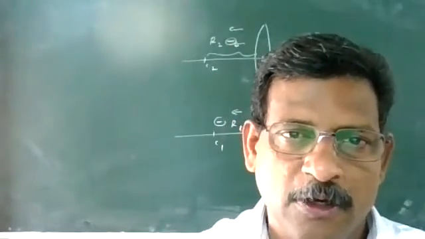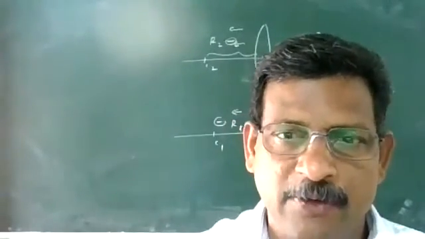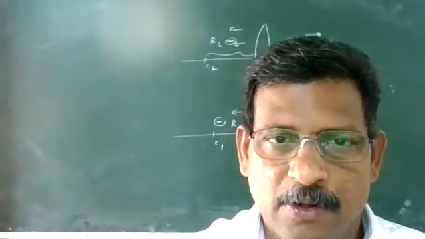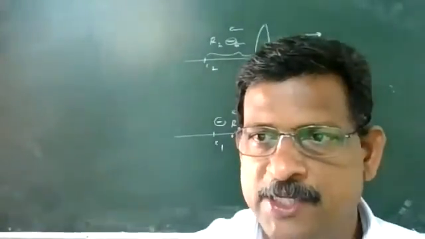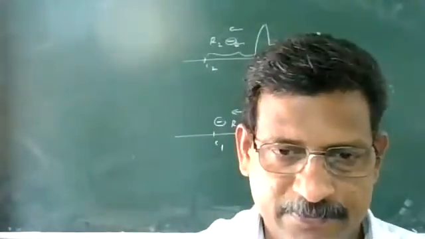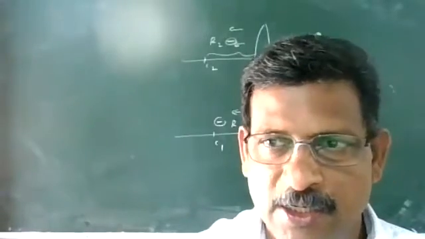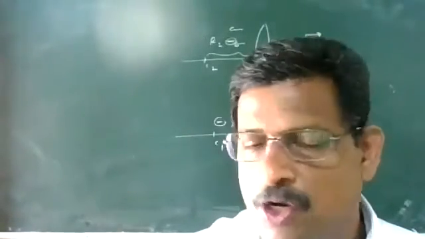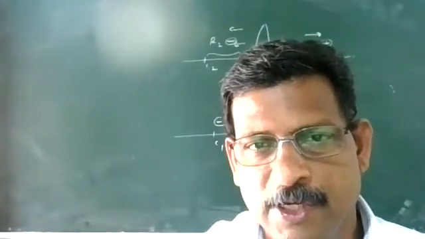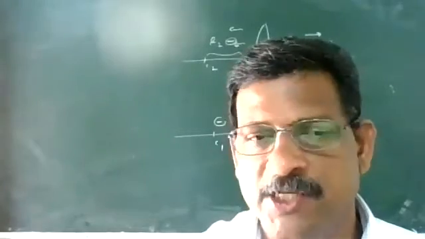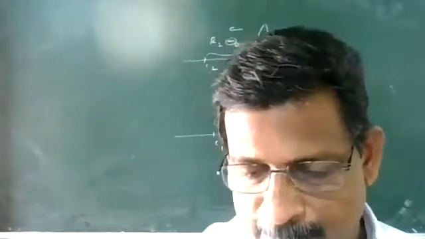So the focal length of a lens of refractive index 1.5 is 15 centimeter in air. If it is placed in water of refractive index 4/3, what would be its focal length? Is there any change? If there is any change, calculate and tell me. Very important.